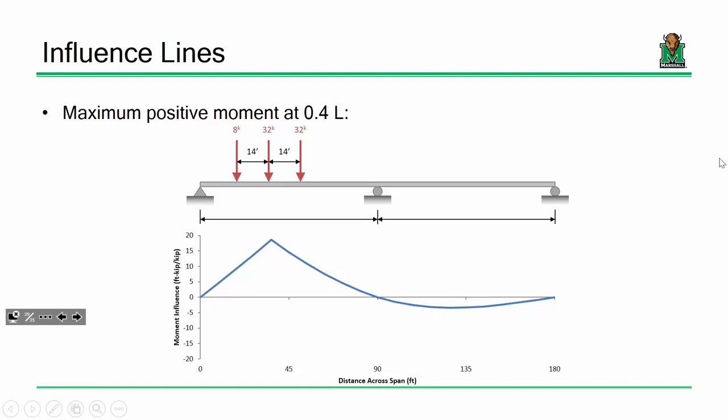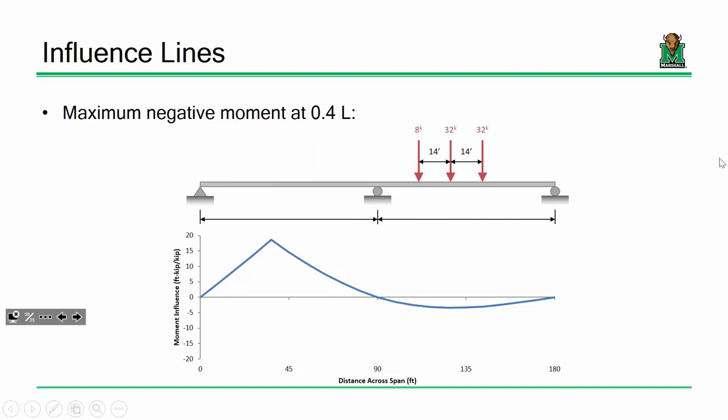Say, well, I got larger values over here on the right, so I place that next 32 kips over here. Place that lower axle over there. How do I get the response? 8 times whatever that value is, 32 times whatever that value is, 32 times whatever that value is, right? Make sense? Okay. What about maximum negative moment? Probably something similar, only I've got to place that over here. Make sense? So at a particular point, a maximum possible positive moment, maximum possible negative moment.